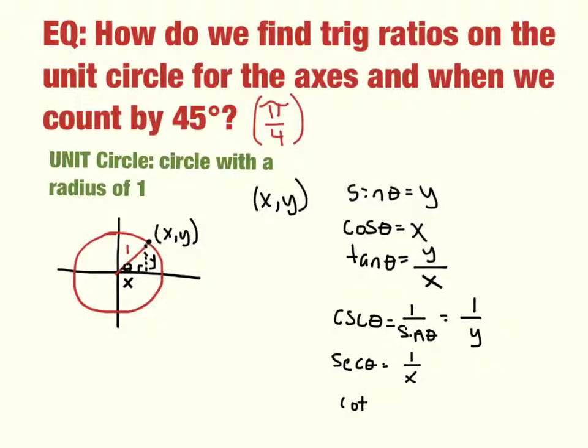And the cotangent of theta will be x over y. So now I can think about any x, y coordinate as just, well, x is cosine, y is sine, so this is just cosine theta, sine theta for any coordinate on the unit circle.